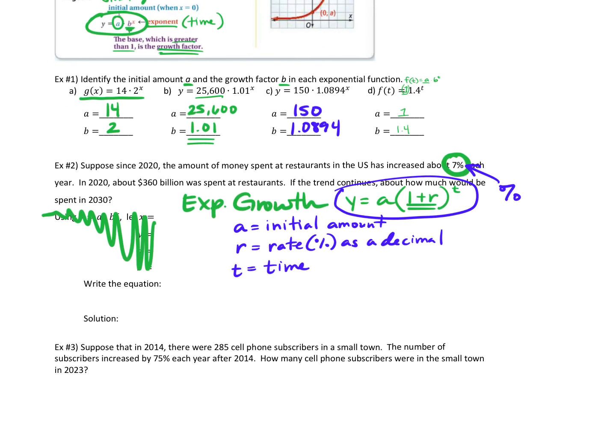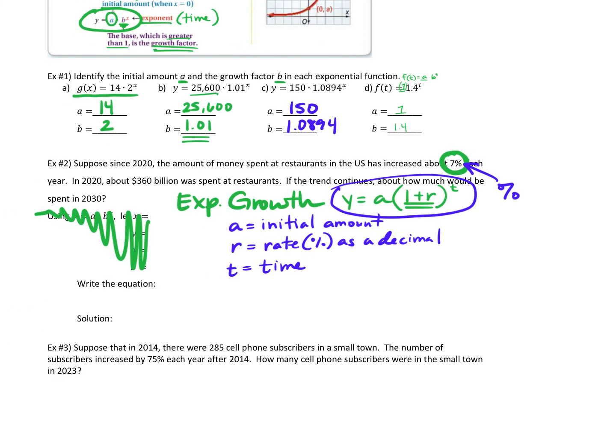Look at this problem. It says, suppose since 2020, the amount of money spent at restaurants in the U.S. has increased about 7% each year. In 2020, it was $360 billion. If that continues, what would it be in 2030? It's saying it increased 7%.